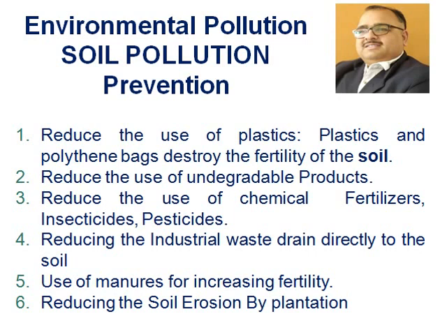We should protect our motherland from plastic. The second is we should reduce the use of undegradable products. As I told you, undegradable products are not consumed by the microorganisms present in the soil, so they remain as they are, which is causing pollution to the soil. So we should not use undegradable products.